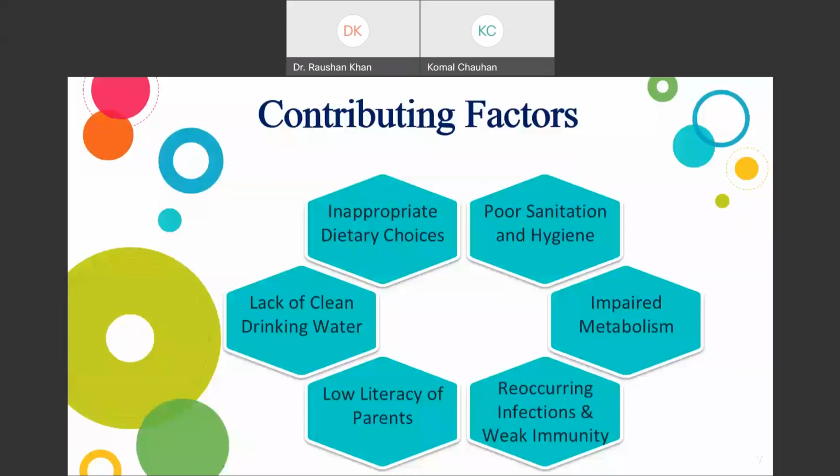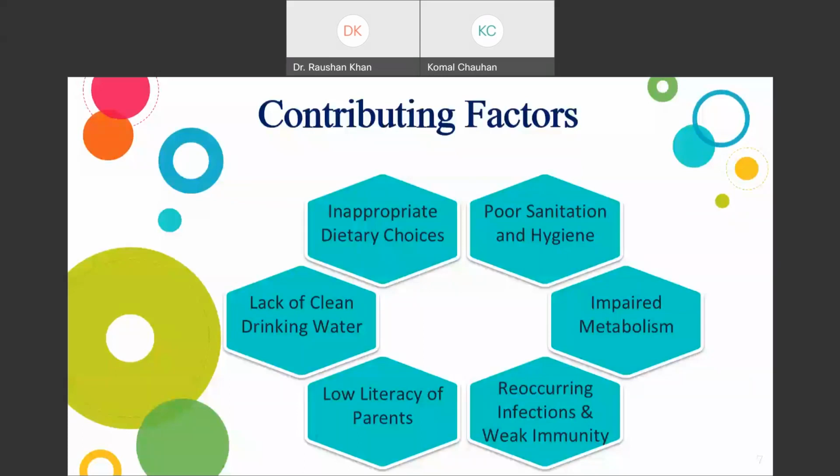Impaired metabolism: supposedly a child is not having a proper metabolic rate, so the child can have malnutrition. This condition includes hyperthyroidism, in which the basal metabolic rate of the body increases, and it can lead to more calorie utilization by the body at resting stage.